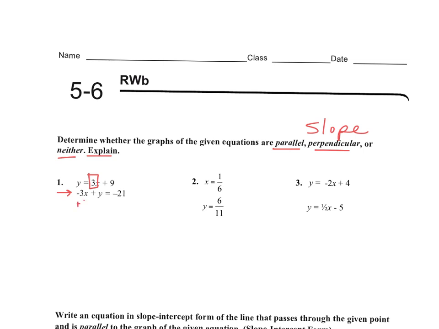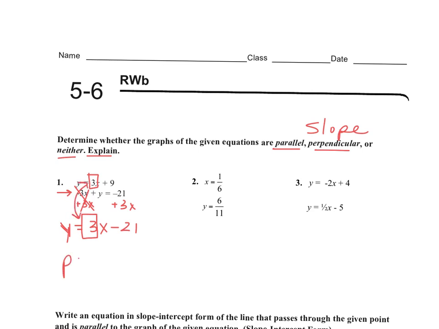We would have to add 3x to both sides. So this goes away, and y equals 3x minus 21. That would be the right equation now. And if you look, they both have a slope of 3.